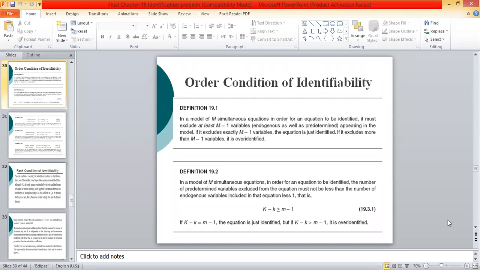Let's look at the same models that we have already discussed using the reduced form equations. The first model is quantity demanded equals alpha naught plus alpha 1 P_t plus an error term. This is the demand function.